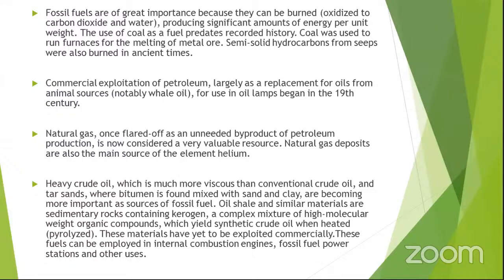So all these things, that is oil shale and similar materials of sedimentary rocks containing kerogen. So here what it explains is how chemically the kerogen gets converted into the petrol and diesel, which is now used in the combustion engines in the automobiles and also in the industries.